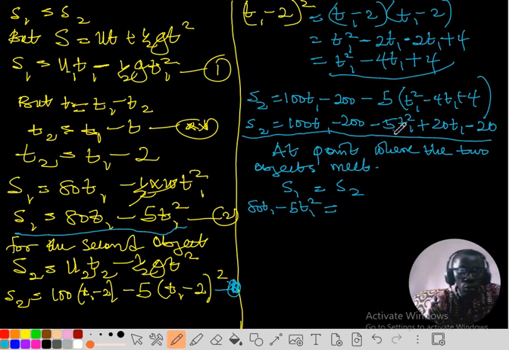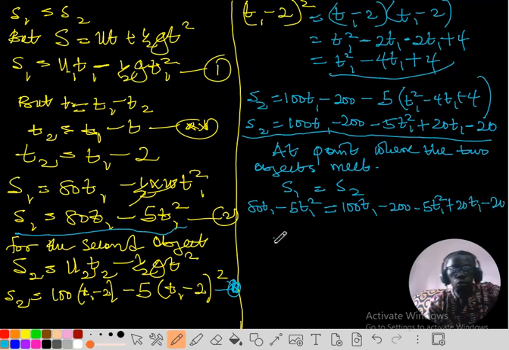You can't add the t squared and the t together. So you have 100 T1 minus 200 minus 5 T1 squared plus 20 T1 minus 20. If we collect the like terms here, you have 80 T1. Where do we have another T1?